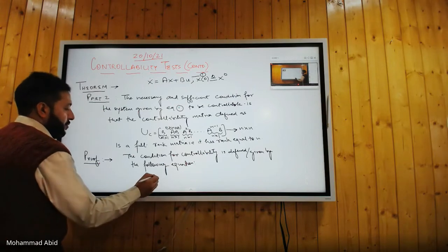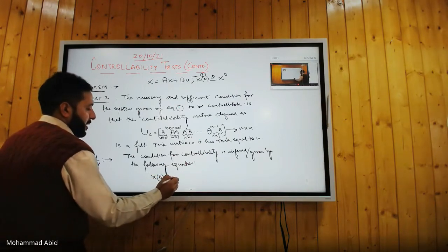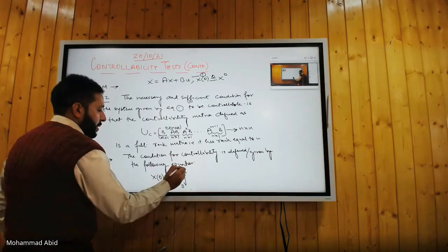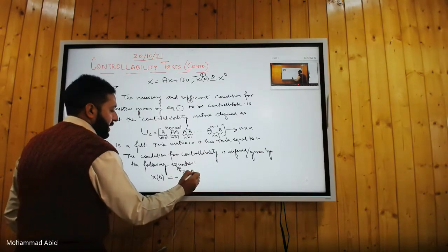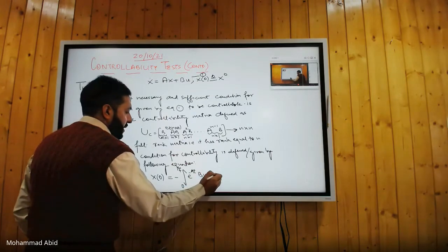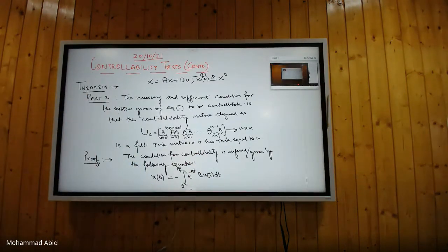That is, x0 is equal to minus integral from 0 to tf of e to the power minus At B u(t) dt. Do you remember this equation? Where has this equation actually come from?